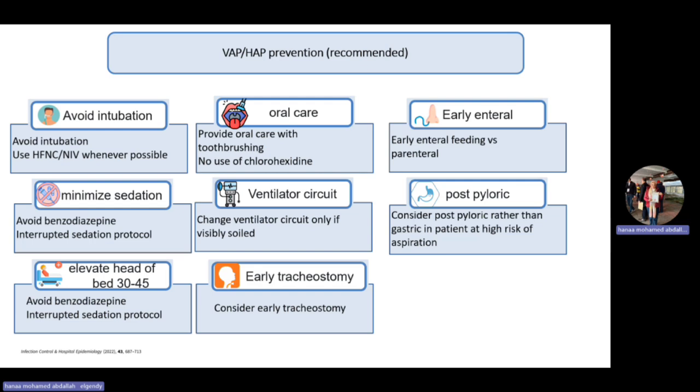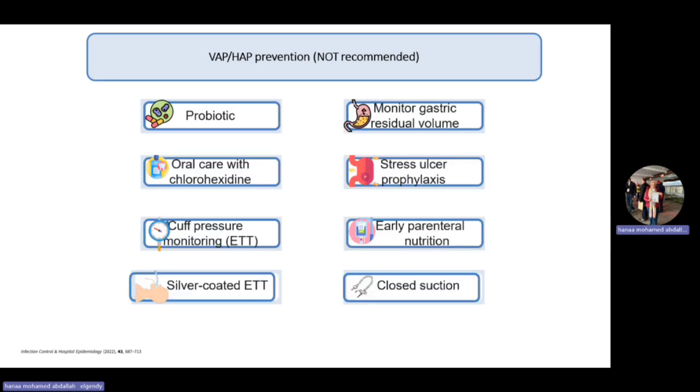Also, the recommendation of the WHO and the CDC is that there is no role for probiotics to prevent VAP. Oral chlorhexidine does not decrease the incidence of VAP. Also, continuous monitoring of the endotracheal tube cuff pressure does not decrease the incidence of VAP, and neither do silver-coated endotracheal tubes or continuous monitoring of the gastric residual volume.